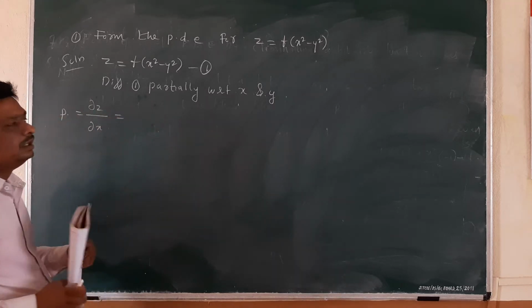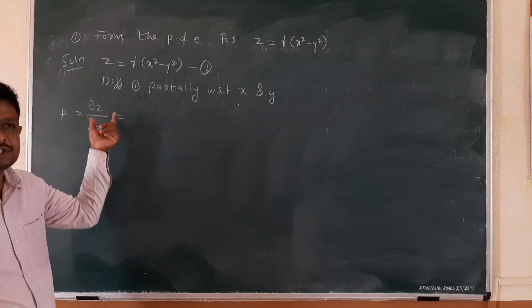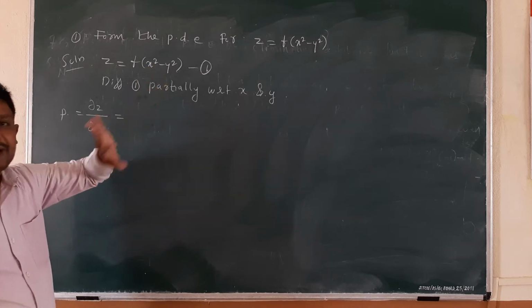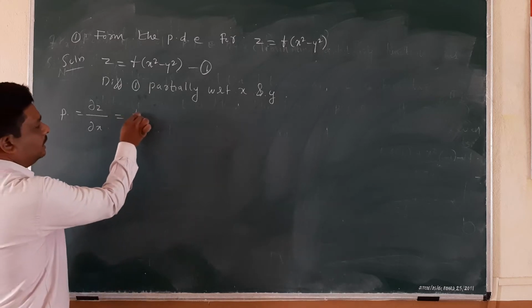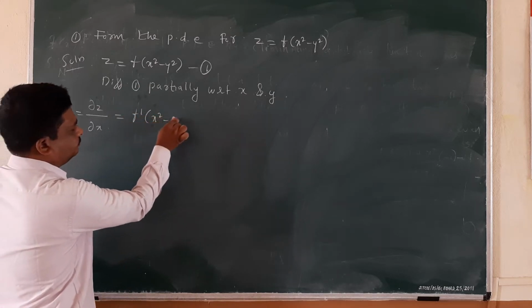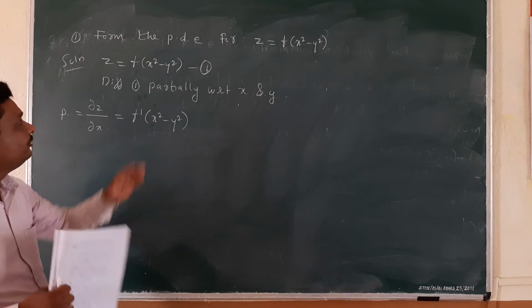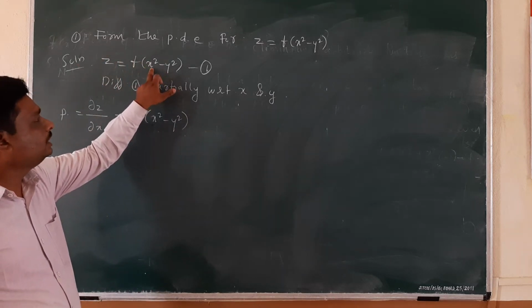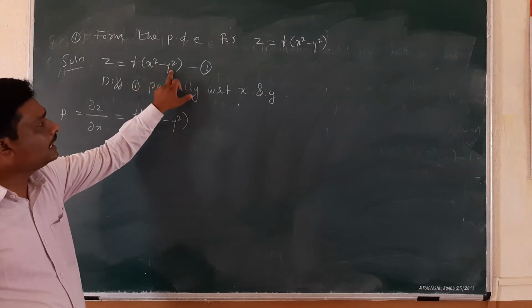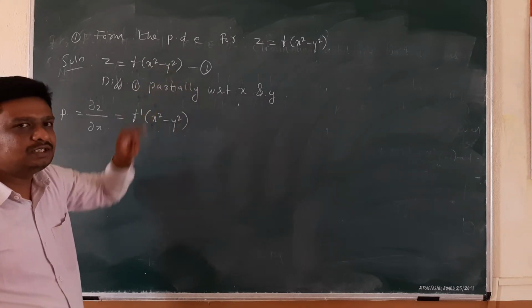This implies we have to differentiate z with respect to x partially, taking y as constant. Derivative of the function f, that is f dash. F is removed, remaining is x square minus y square. Derivative of x square is 2x and derivative of y square is 0 because y is constant.